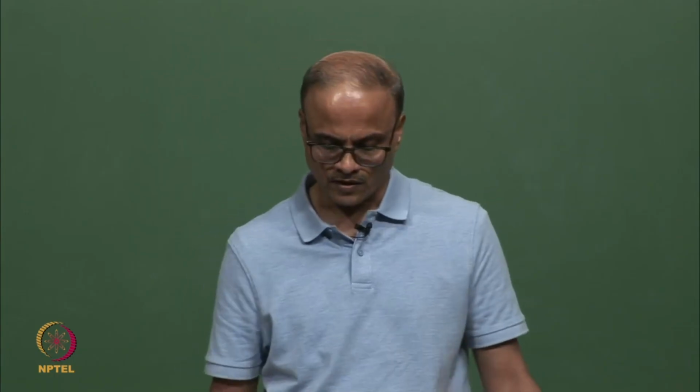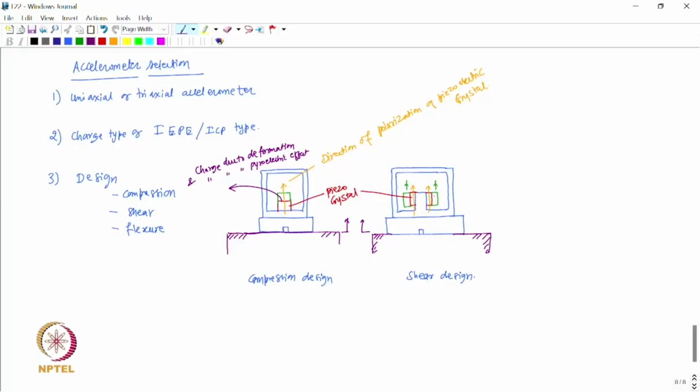But in case of shear design, the charge due to deformation is developed on this surface. Okay. So, the charge due to deformation, shear deformation, is developed on this surface, while the charge due to pyroelectric effect is developed on a surface which is perpendicular.